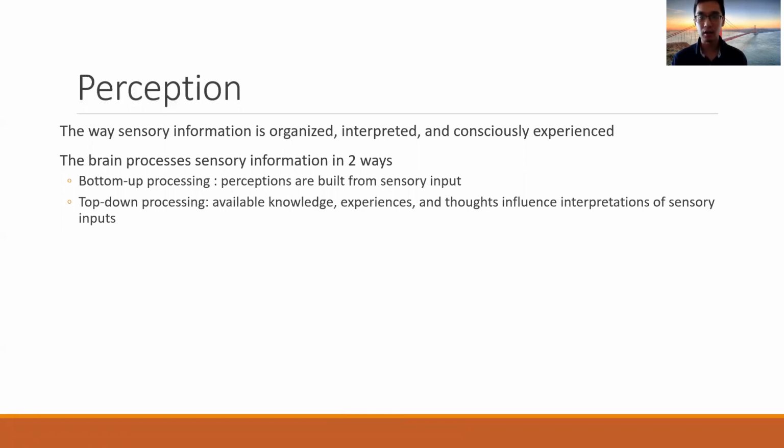We rely on the sensory input and also rely on our existing knowledge and thoughts to perceive things, to understand things. So that is about sensation and perception. So far we know what sensation is and what perception is. They happen in different stages and in different places.